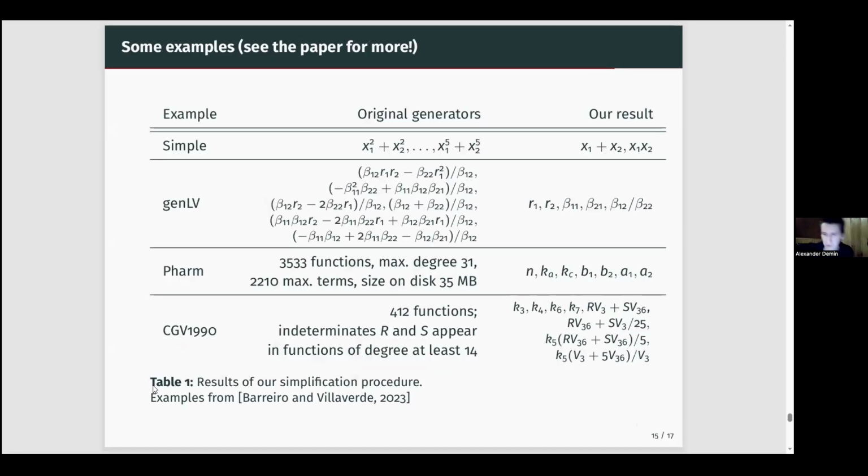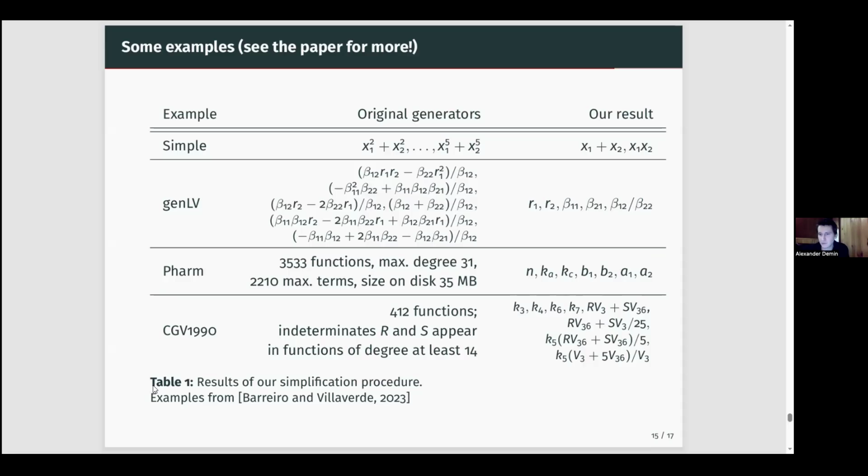Now let me show some results and some examples. You can find more examples and even some interesting applications in the paper. Let us look at the table. For example, the first row is the thing that we have seen at the very beginning.